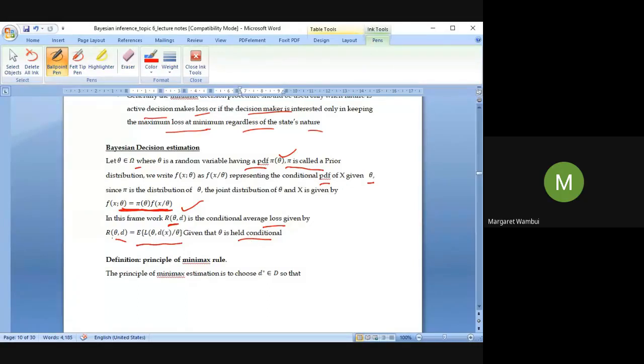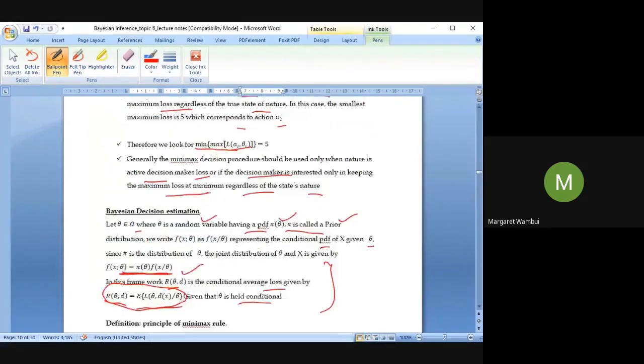So we are talking about the expected value of the loss function under whichever decision you are making. Because we have been given the prior distribution and we already have the distribution of your random variable, this will be a case where data is involved.